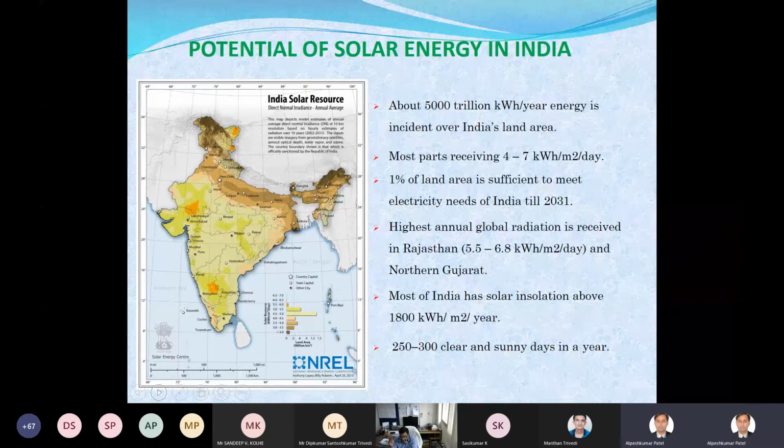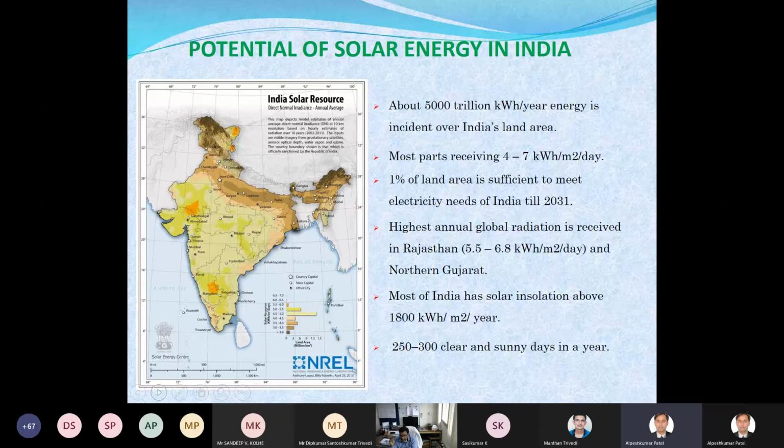As far as the potential of solar energy is concerned, we are in the region where we have almost the maximum solar radiation, about 5,000 trillion kilowatt hour per year of energy. It is a dynamic figure, because the energy comes from the sun in the form of intensity, that is, per unit area.